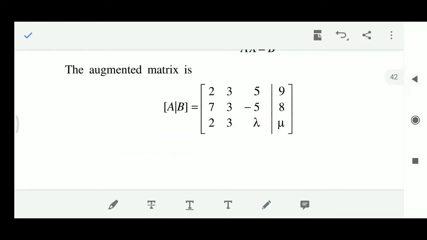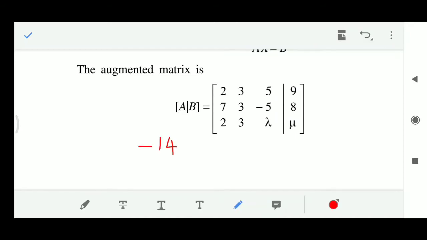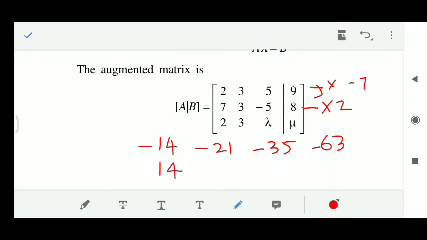So if you multiply the row 1 with minus 7, you will get 2 into minus 7 gives minus 14, 3 into minus 7 gives minus 21, 5 into minus 7 gives minus 35, 9 into minus 7 gives minus 63. Then you have to multiply the row 2 with 2. 2 7s are 14, 3 2s are 6, minus 5 into plus 2 gives minus 10, 8 into 2, 16.